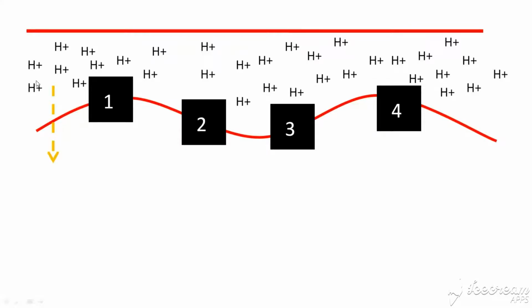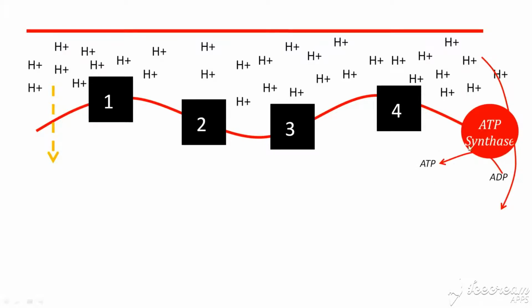And this, of course, is going to create a gradient between the intermembrane space and the mitochondrial matrix. Now, this gradient is going to be used by the enzyme ATP synthase to synthesize ATP. So as hydrogen ions flow from the high concentration in the intermembrane space to low concentration in the mitochondrial matrix, ATP synthase is going to phosphorylate ADP to form ATP.